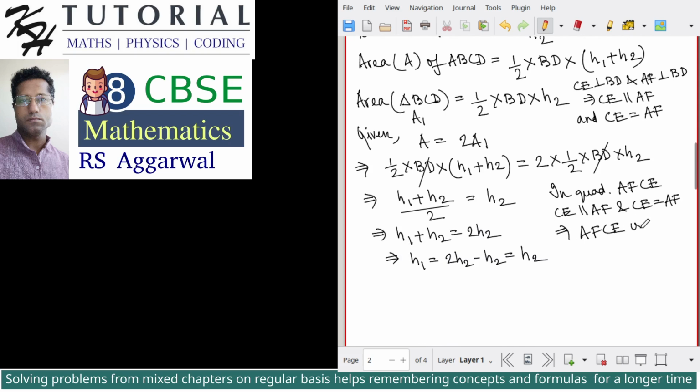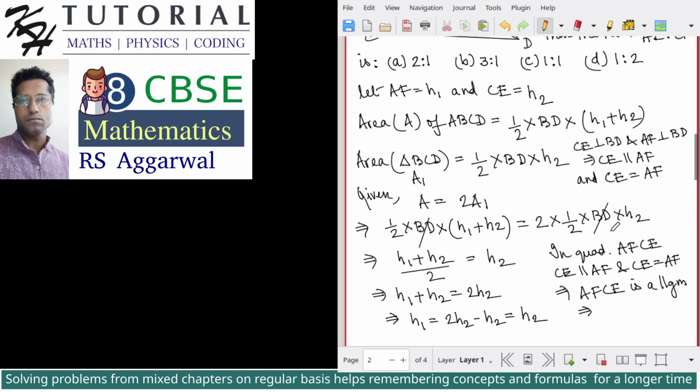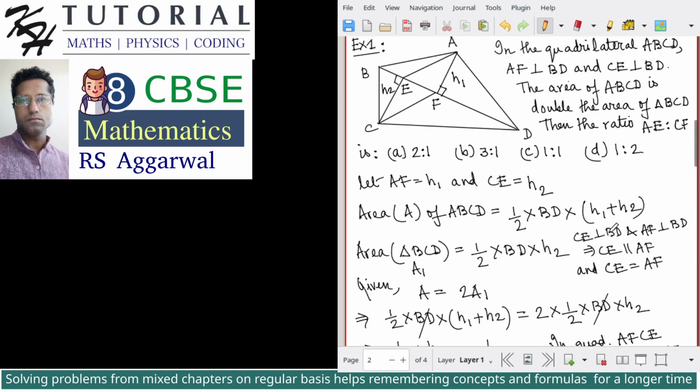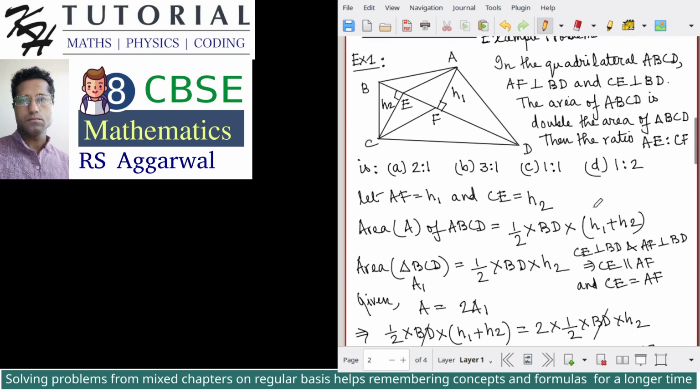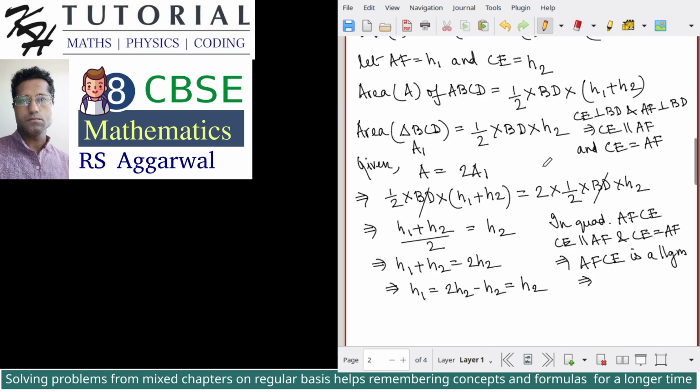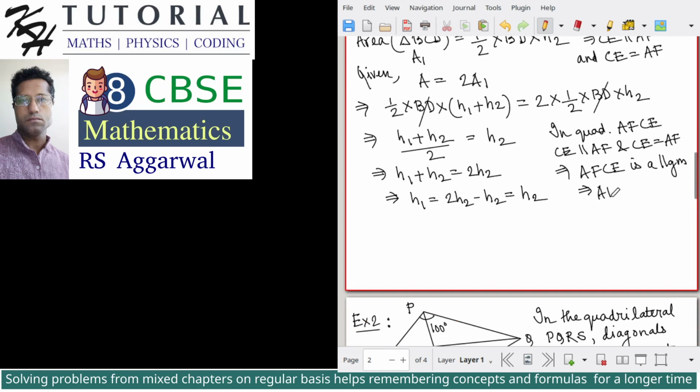So AFCE is a parallelogram. This will imply that the opposite sides AE and CF are equal. Since AFCE has been proved to be a parallelogram, we will have AE equal to CF, as the opposite sides in a parallelogram are equal.